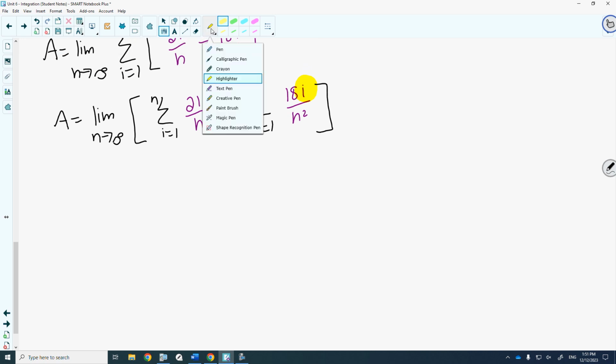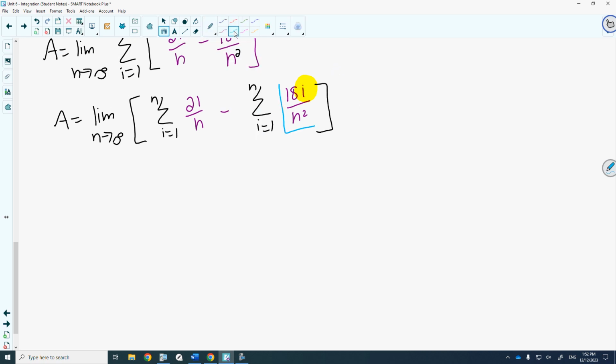So I'm going to bring this 18 over n squared in front of the summation. Over here, I don't have an i squared or an i cubed, so I want to keep the 21 there because I know what the summation of a constant is. It's c times n. So I'm going to bring 1 over n to the front.